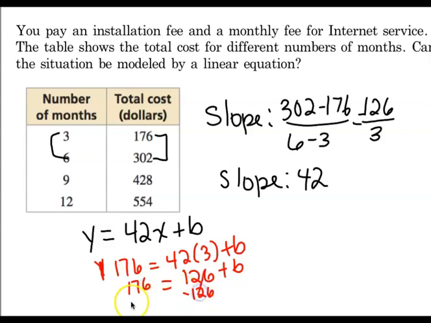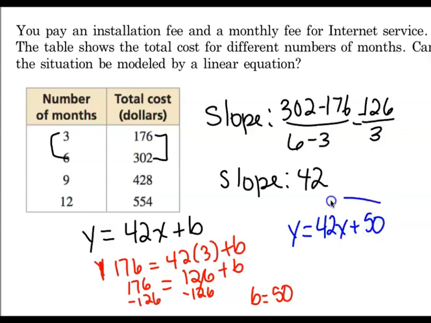I subtract 126 from both sides, and I get b = 50. So that is the installation fee. I can write this equation as y = 42x + 50. And every point will work. If I wanted to try it just to check, I can try every point. That is the equation that is modeled by this chart.